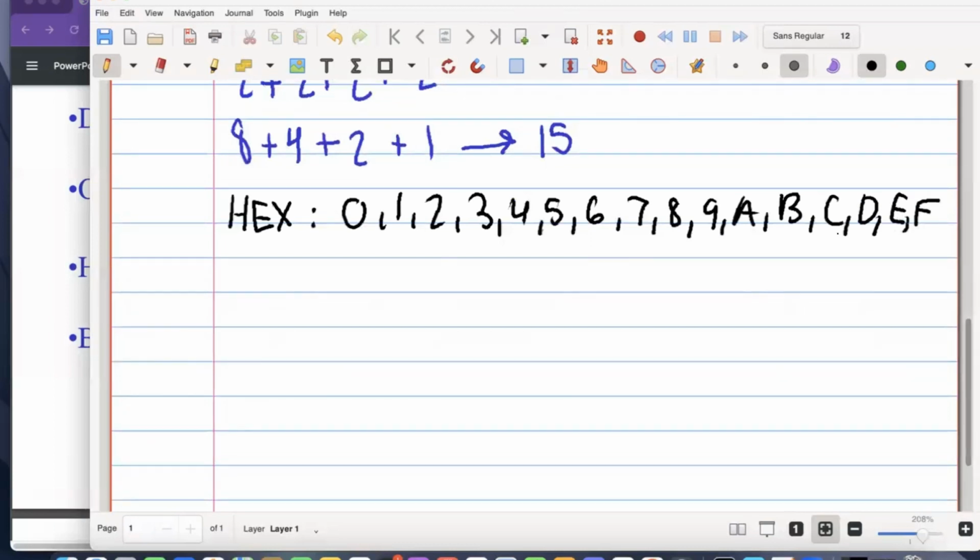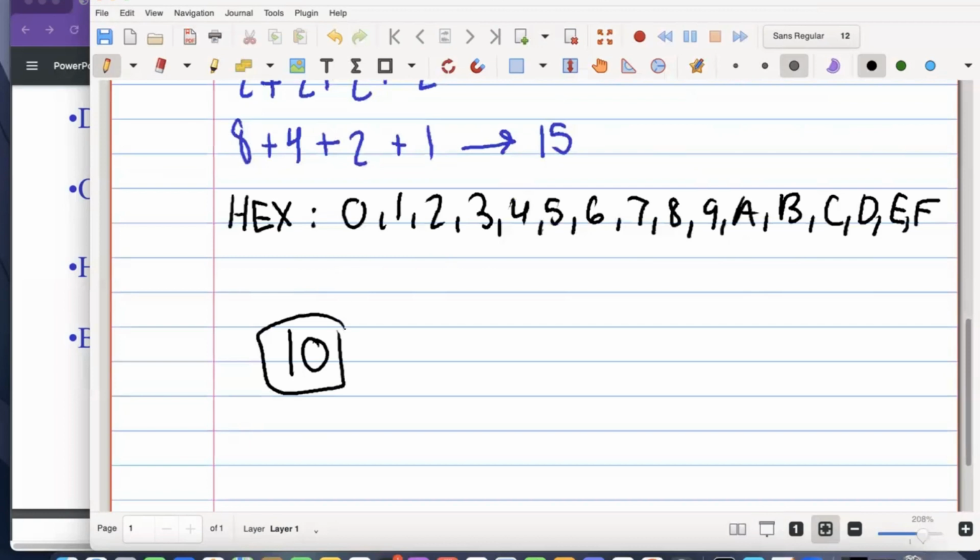Now, why whenever we have to introduce another term, do we just switch to letters? Well, in a digital system, representing values becomes very space intensive.